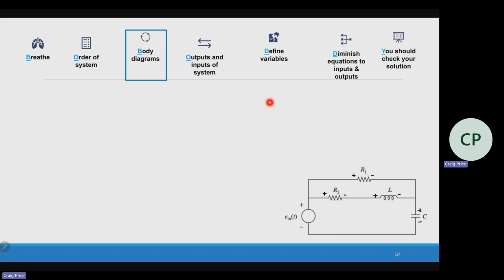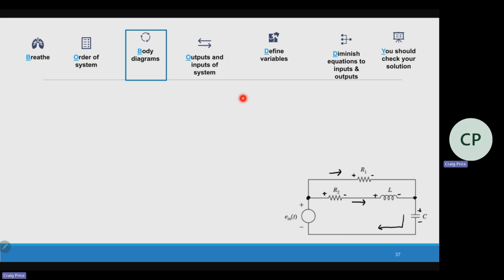What else am I missing that's pretty important? I need the currents, right? At this node, the current splits. So I'm going to get this current, and this current, and then at the end they come back together.